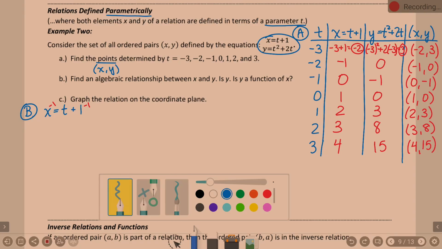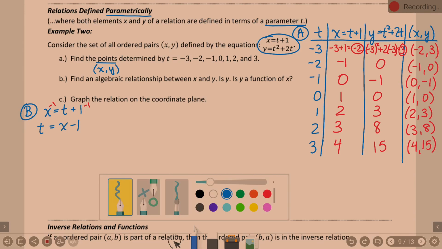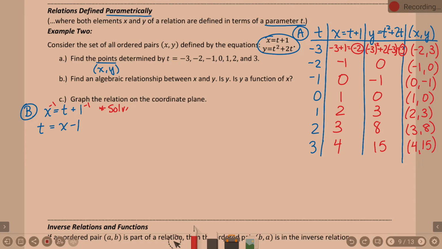Subtract 1, and t is equal to x minus 1. So, first step, pick an equation and solve for t. We did that, right?